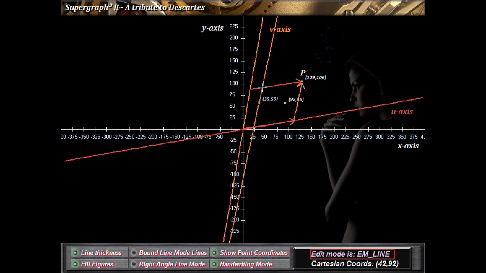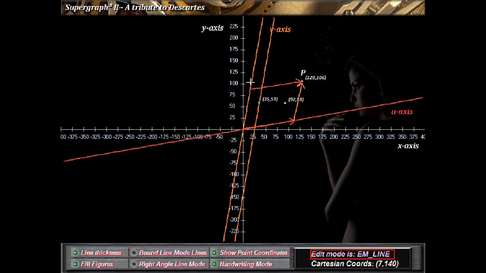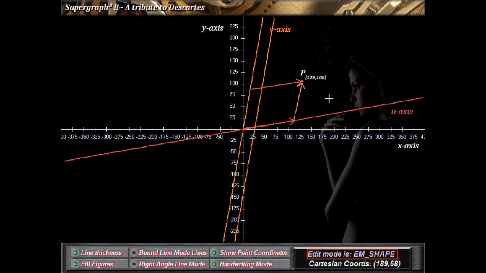Maybe like that. That's not exactly right. Well, I copy this one. Put it there. I don't think that I can find another. And I want that point here. Do I have clear points? I just want one point.